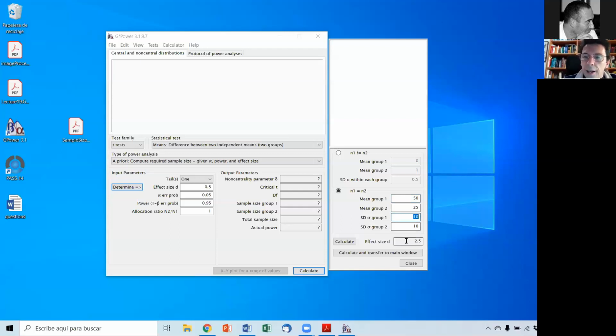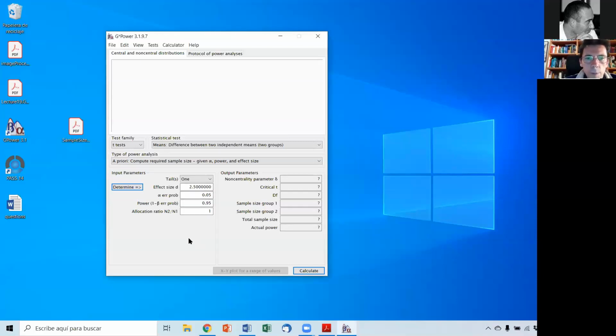So it is how large is what you want to detect in terms of standard deviations. How many standard deviations away from the control you want to detect. What we want to detect in this case is 2.5 standard deviations away from the control. And then we can transfer this 2.5 to the main window. We can close this one.